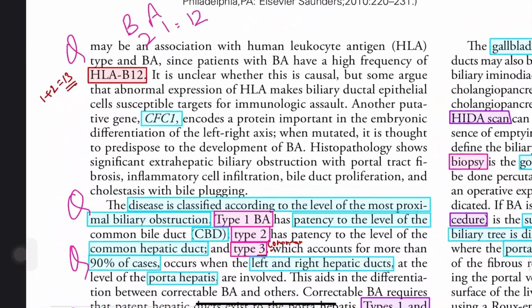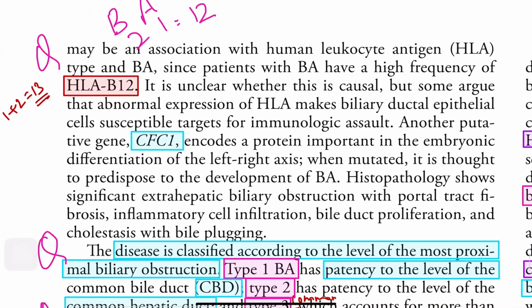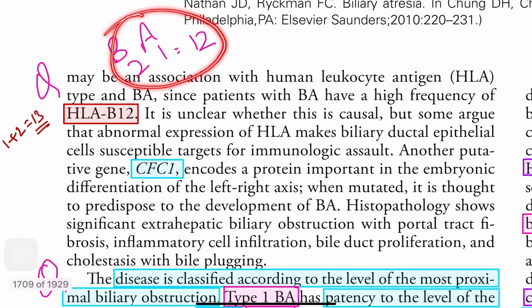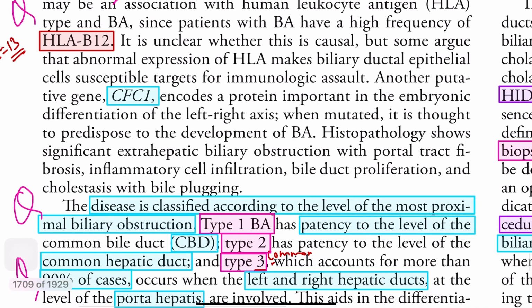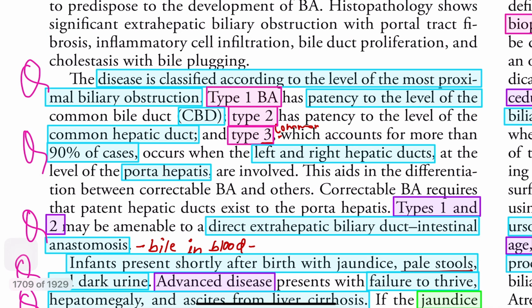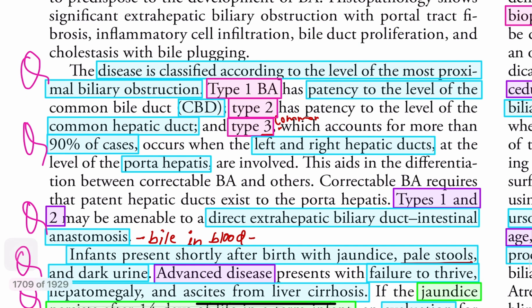HLA B12 is related to biliary atresia. Just remember B12, BA. The CFC1 gene is also related to biliary atresia. The classification is based on the level of proximal biliary obstruction.